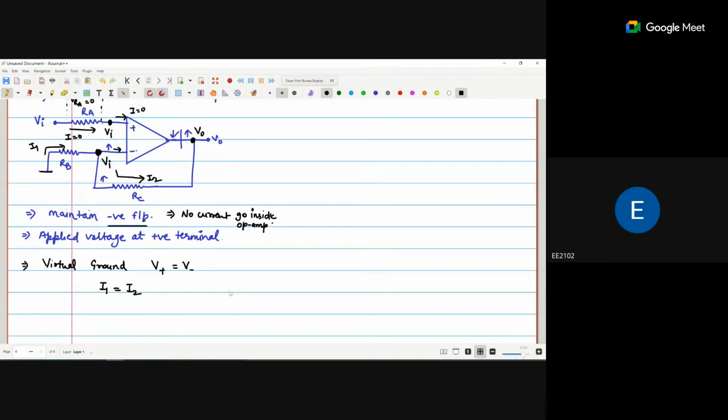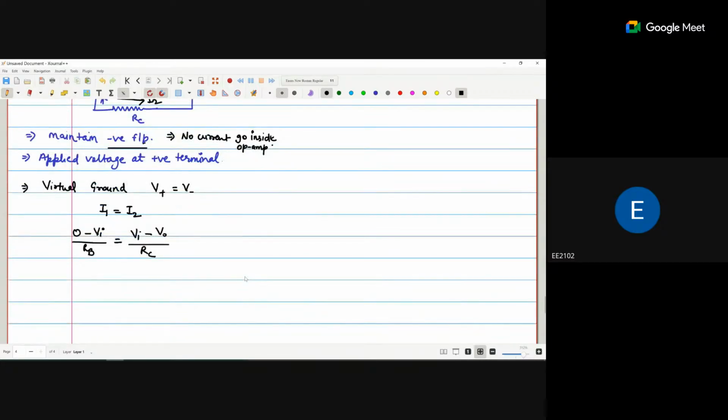Now what is I1? 0 minus Vi upon RB is equal to Vi minus V0 upon RC. So minus Vi upon RB is equal to Vi upon RC minus V0 upon RC. I take this term to this side and this term to this side.